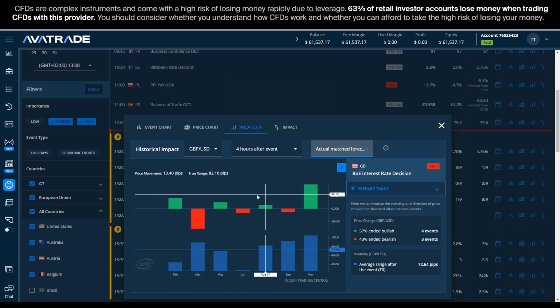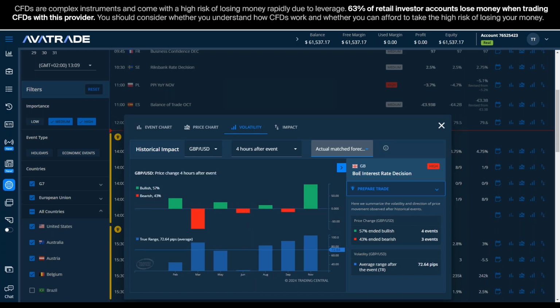That typically is what moves the market, and you don't know for sure what they will say. So if it was only about the rate decision, you would see statistics that are maybe more predictable here than 50-50, 57-43. That doesn't convince me. 4 up and 3 down. I might as well flip a coin to trade on that.